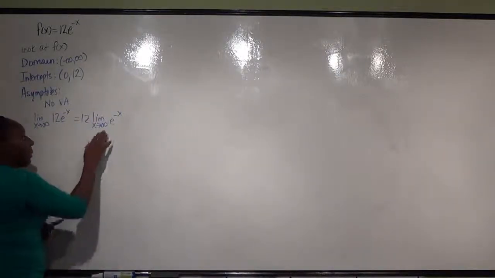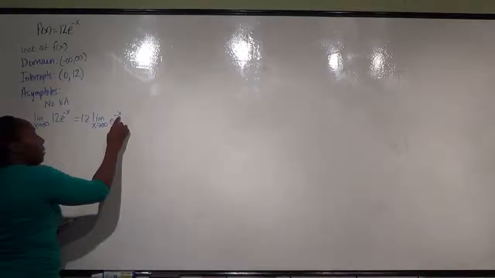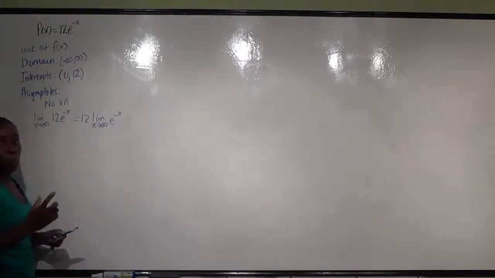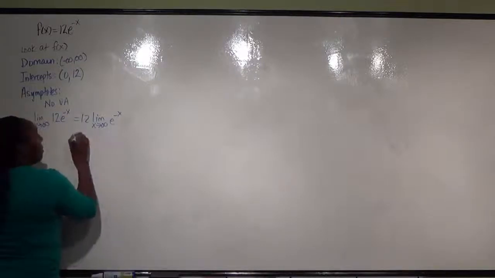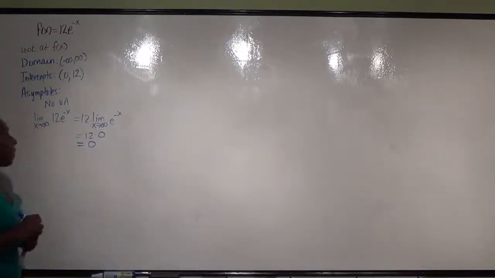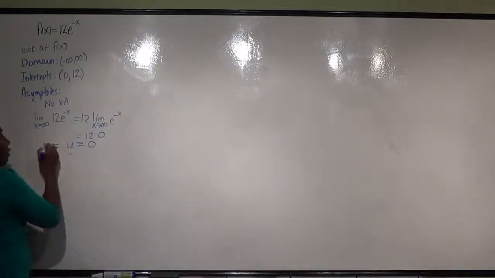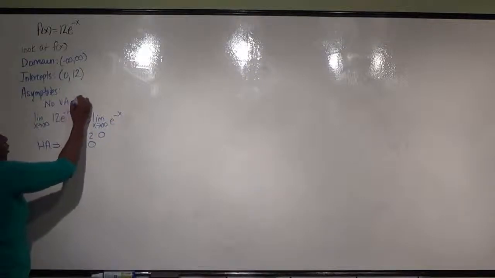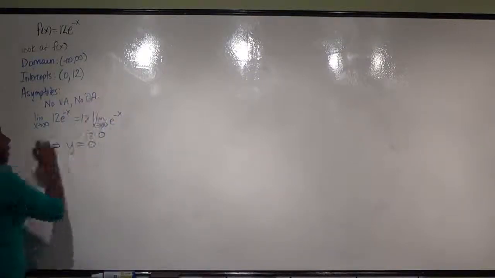Well, thinking about this logically, as x gets big, negative x becomes really negative, and e to that goes to 0. So this is going to go to 0, which tells me that's my horizontal asymptote, and there are no oblique asymptotes.